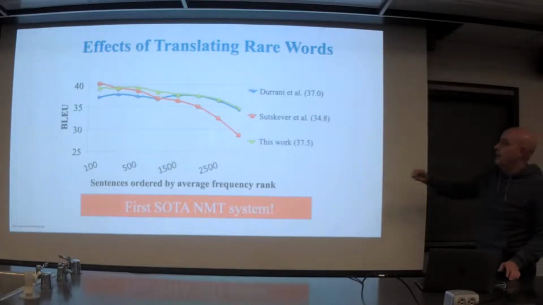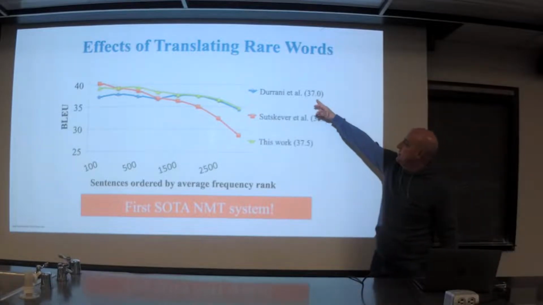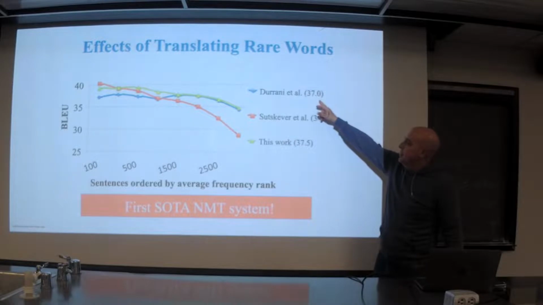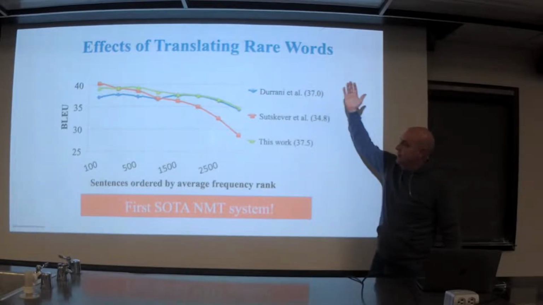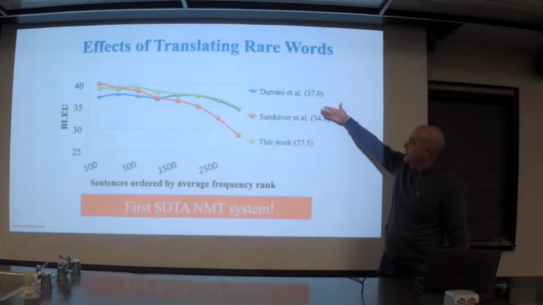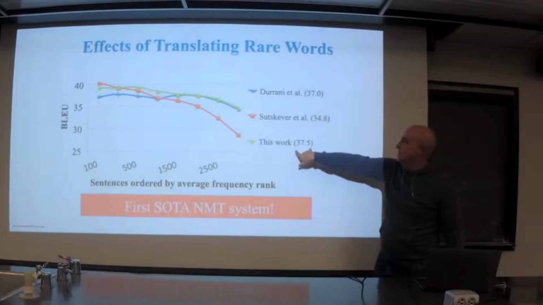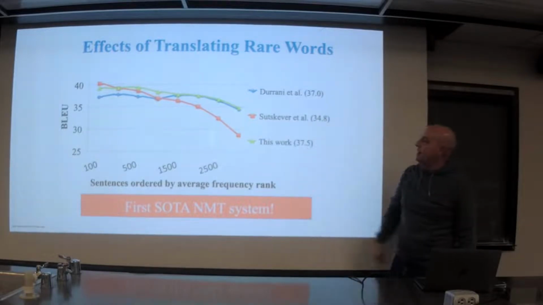It turns out that, if you remember, a BLEU score of 37 on the English to French translation problem was the state of the art of a statistical machine translation system. This was the 2014 system, and then this one in 2015 gets a BLEU score of 37.5.